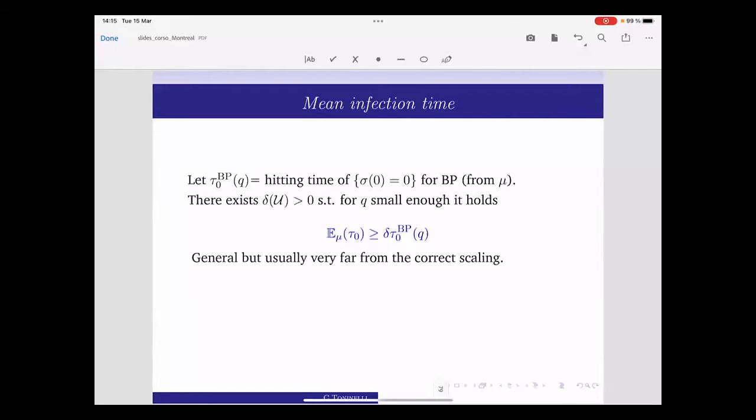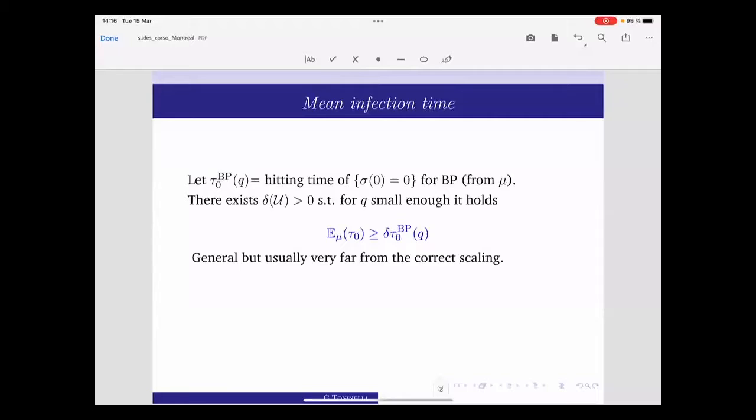Under these dynamics, we can similarly define a hitting time of the event that the origin is empty. I'll call this hitting time tau 0 BP. It is the hitting time under the bootstrap process, starting from the equilibrium measure. So I start from a configuration distributed with the equilibrium measure, and I apply the bootstrap map, which is deterministic and empties all the sites which have the constraint satisfied.